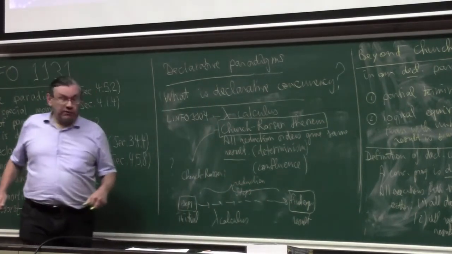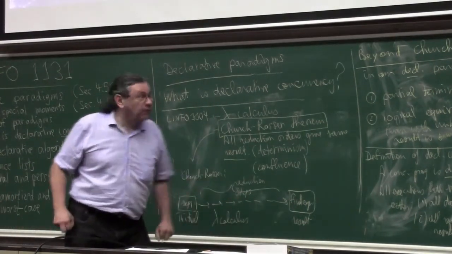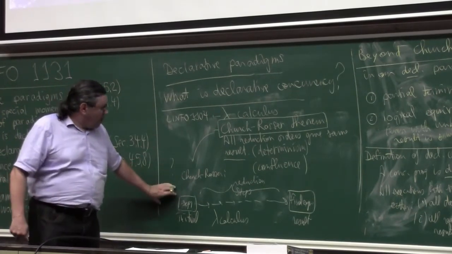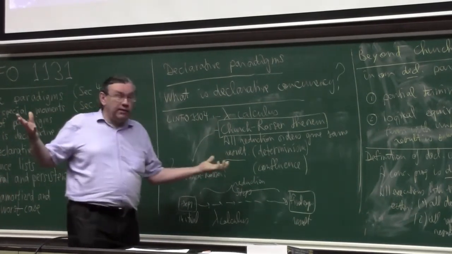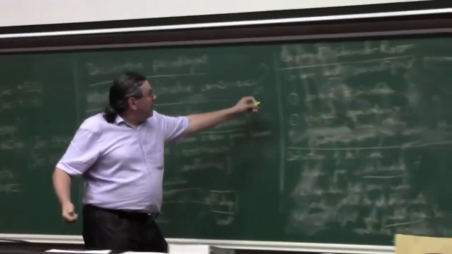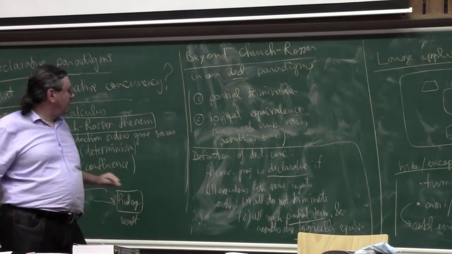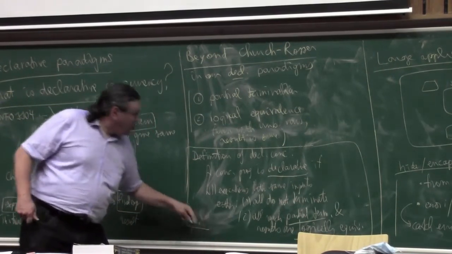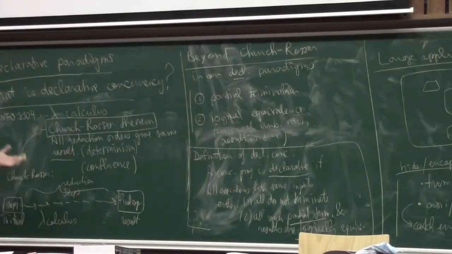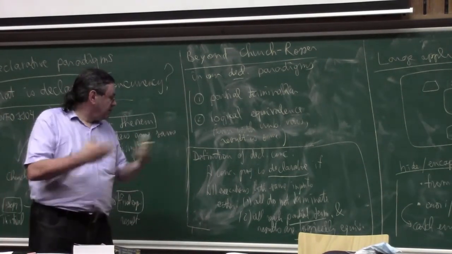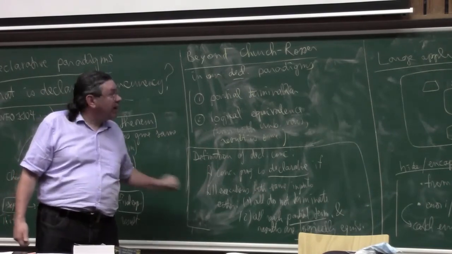So the idea is we want to use the power of this as much as possible, in real applications. So we have our declarative models. We extend Church-Rosser with partial termination and logical equivalence. And this lets us have really powerful declarative programs. You've seen it: lazy, concurrent, that do all kinds of smart things, okay?